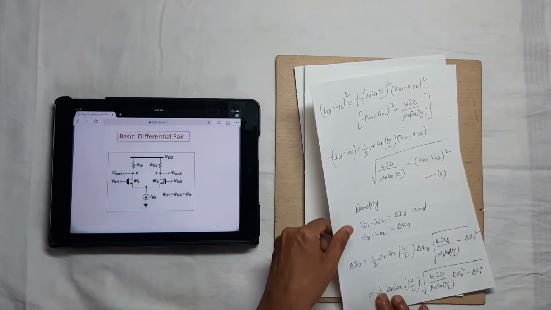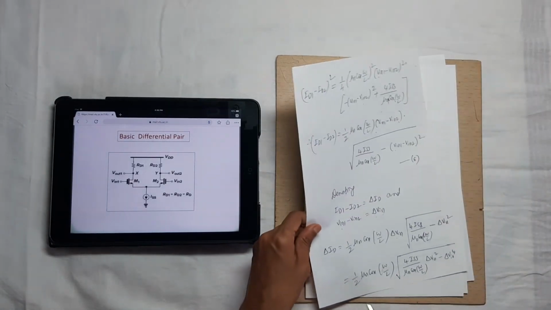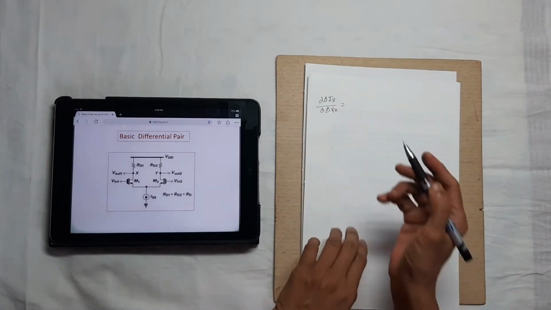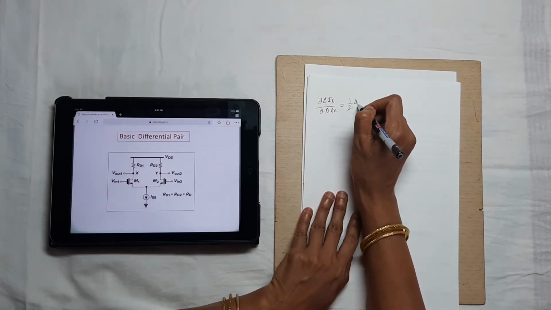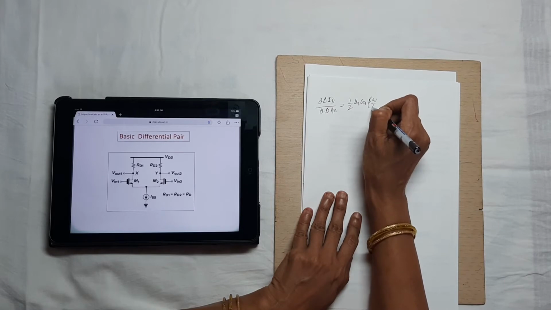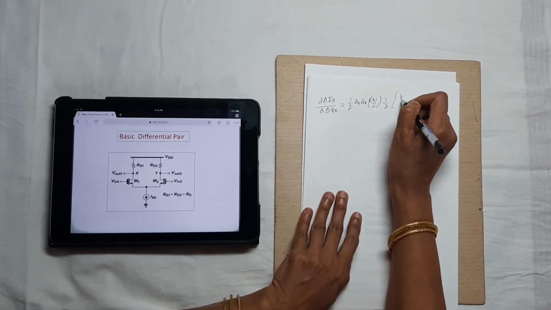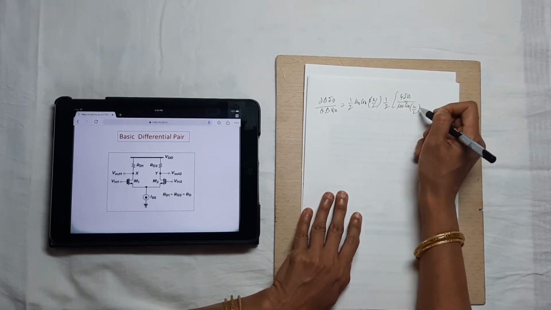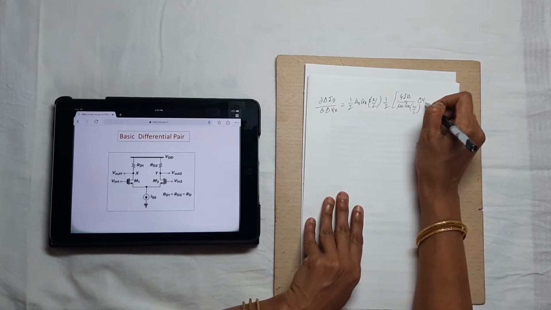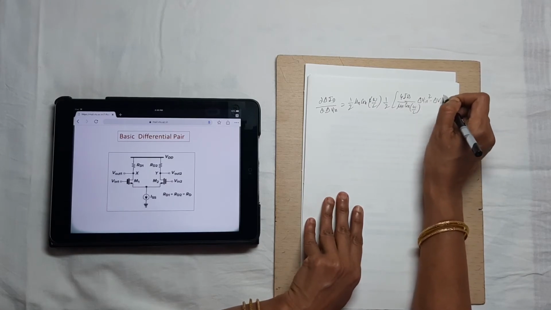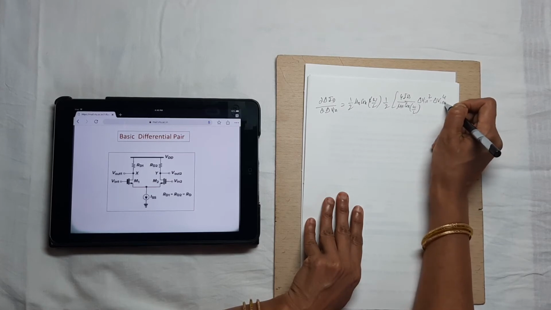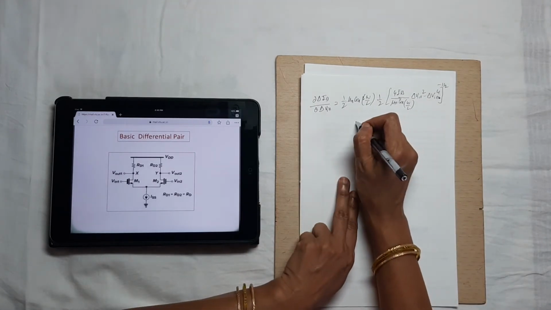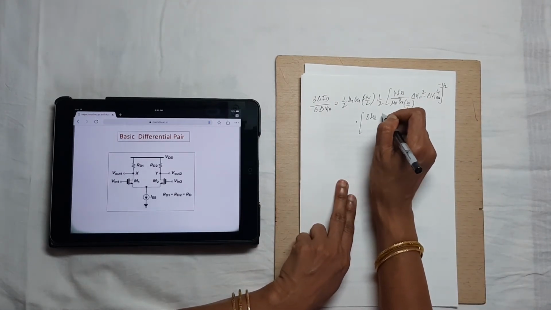We are differentiating this entire expression with respect to Vin, we get it as half mu n Cox W by L into half, 4 ISS mu n Cox W by L into delta Vin square minus delta Vin to the power of 4, to the power of minus half, into 8 ISS delta Vin.